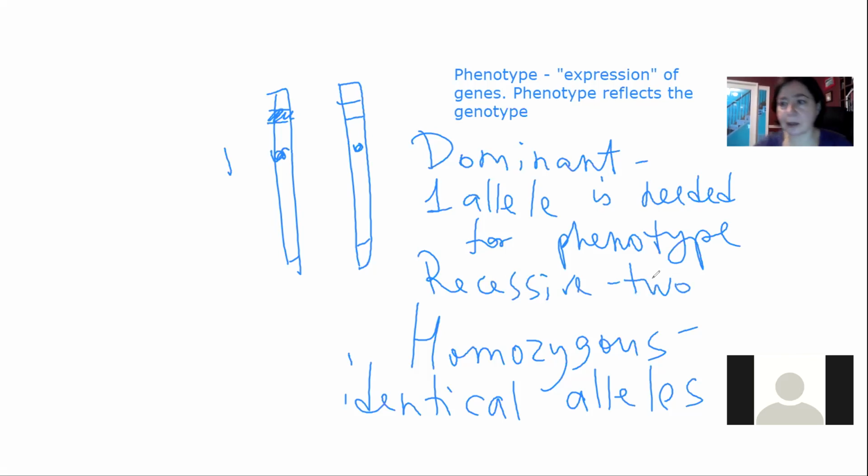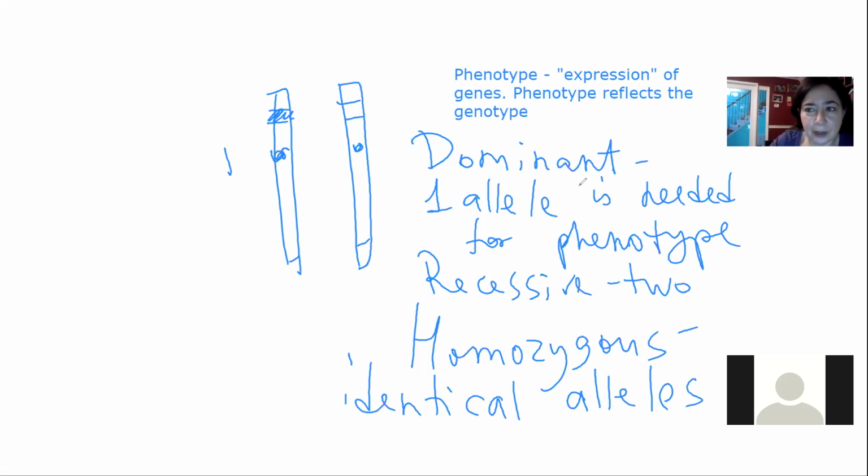So it's not that the dominant suppresses the recessive. It doesn't work that way. It means that if you pair dominant with recessive, the dominant trait is the one that contributes to the phenotype.